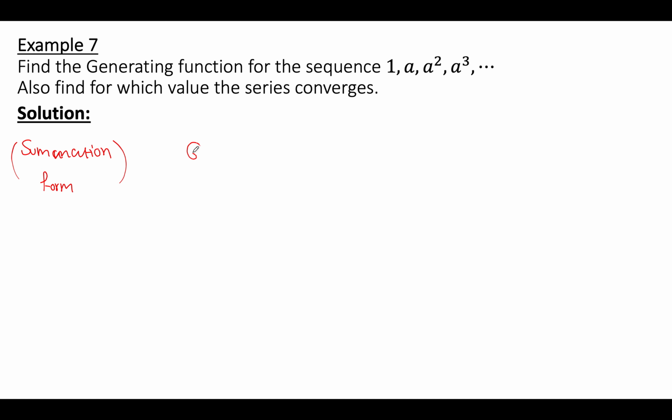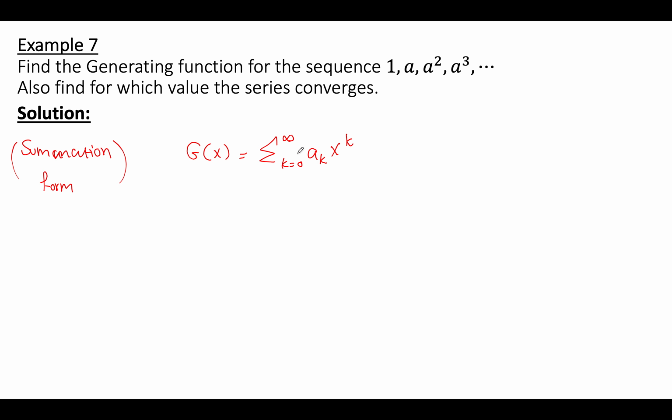So the generating function as a summation form is equal to sigma k from 0 until infinity, and why infinity? Because I have the three dots here, of a^k x to the power k.